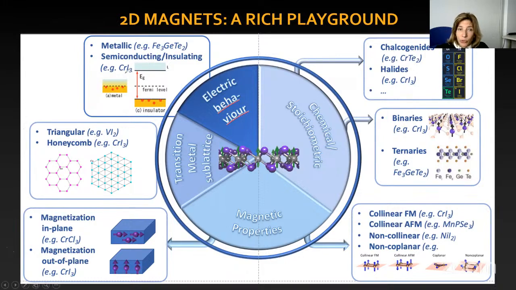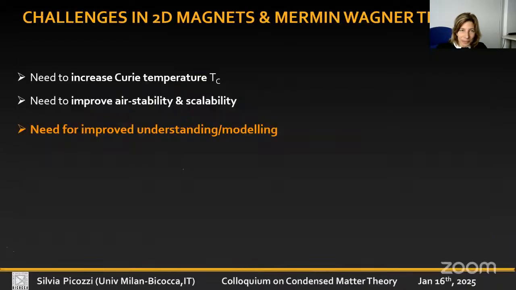From the electric point of view, they are semiconducting or insulating, and of course they are rich in magnetic properties. You can find some that are ferromagnets, some that are antiferromagnets, and then, as you will see in the talk, some even exhibit complex spin textures, like non-collinear and maybe non-coplanar. As for the anisotropy, you can find them having magnetization out of plane or in plane. So the class of materials is itself pretty interesting and various.